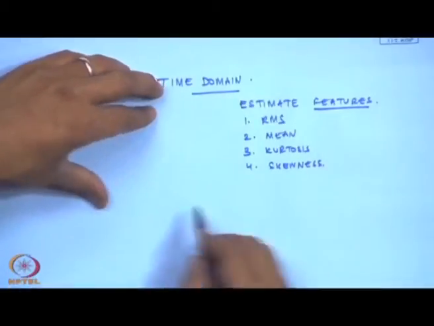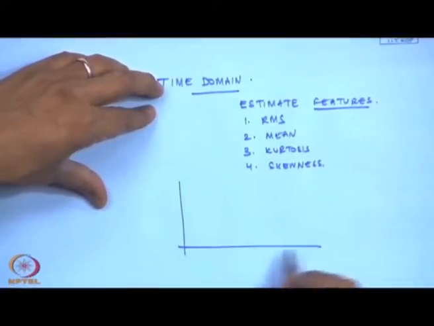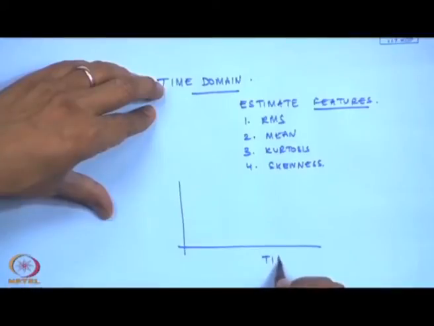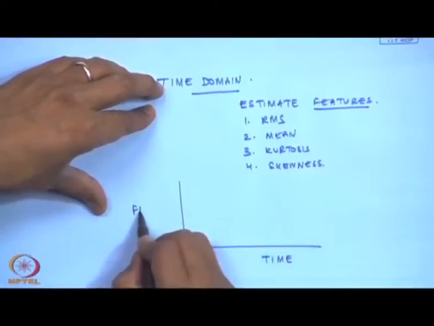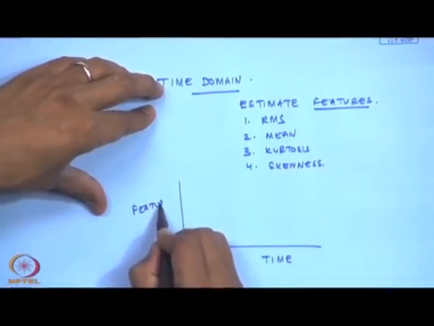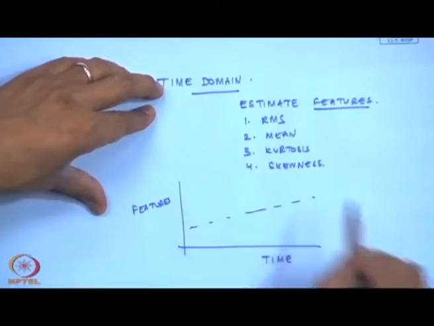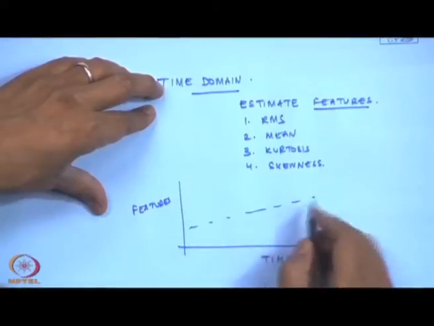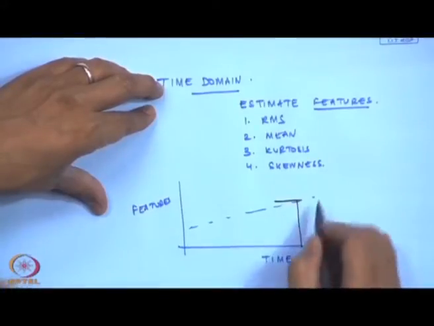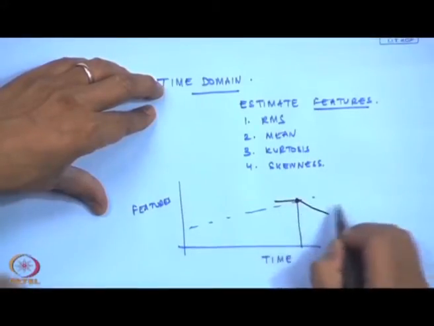And then of course we can always trend these features with time. This may be increasing with time, and there will be a level at which I will know this is an alarm point.